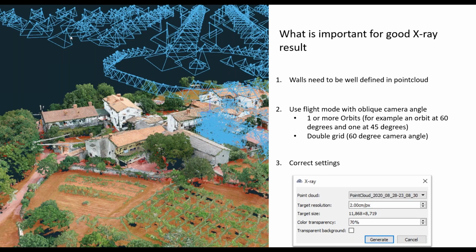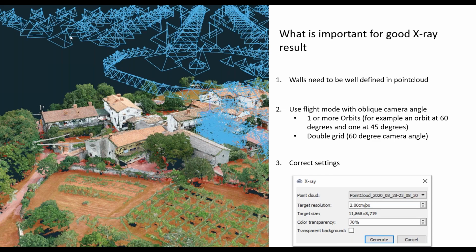If we are mapping an area, I would recommend making a regular flight with some top-down images, then two additional flights in orbital mode, one for example with a camera angle of 60 degrees and the second with a camera angle of 45 degrees. If we do that, it's very likely that we will get a point cloud with very nice and well-defined buildings. That should be enough.